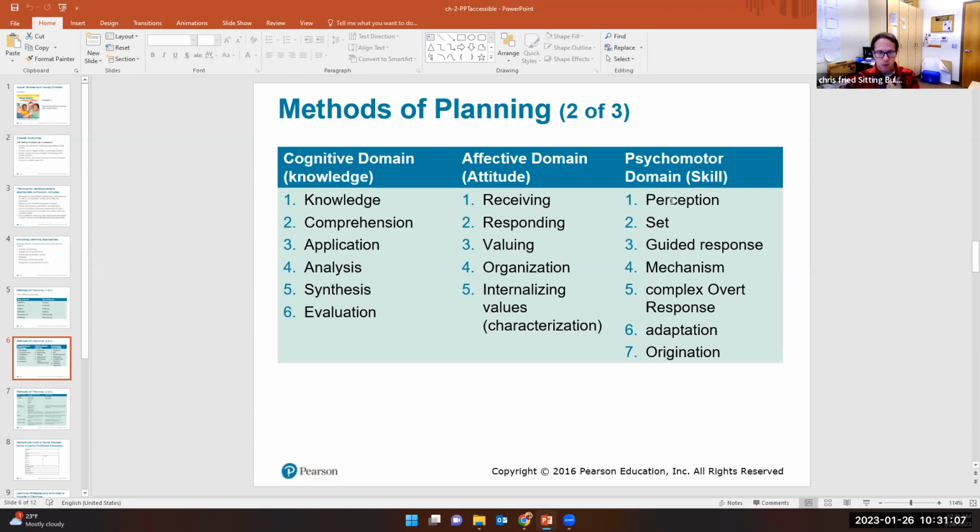We talk about the perception of something, how we set something, guided response mechanism, overt response, adapting, origination, etc. When we're talking about social studies and the development of lesson plans and activities, we are mostly focused on the cognitive and the affective domain for our planning. Once in a while we might jump into the psychomotor domain, but like I said, this is more skill and physical development as compared to the cognitive and the affective domain.